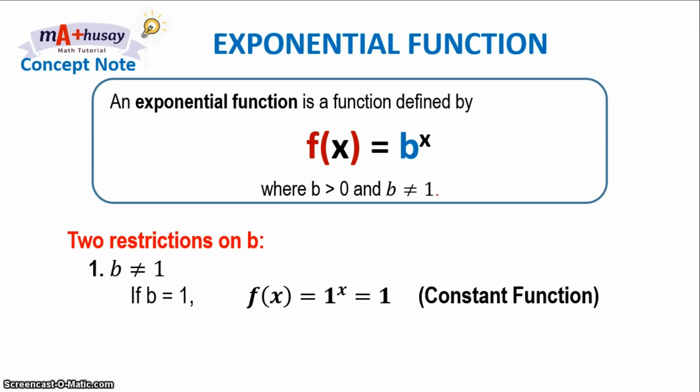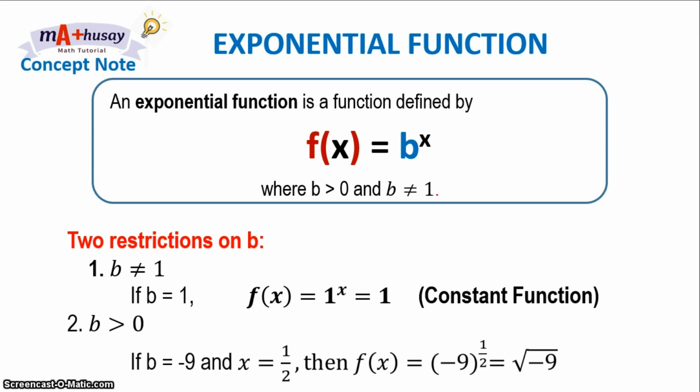The last condition is that b must be greater than 0. Bakit kaya? If b is equal to negative 9 and x is equal to 1/2, then yung function nating f of x equals b raised to x, kung papalitan natin yung base and yung exponent ng negative 9 and 1/2 respectively, so mangyayari negative 9 raised to 1/2.